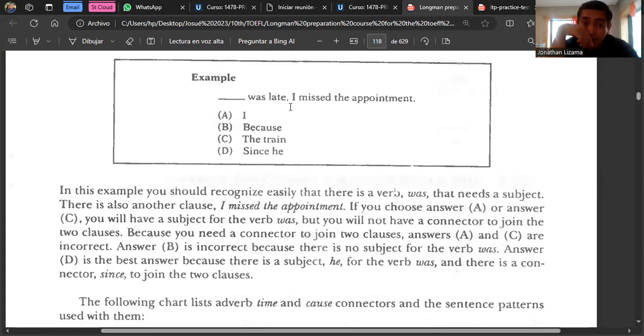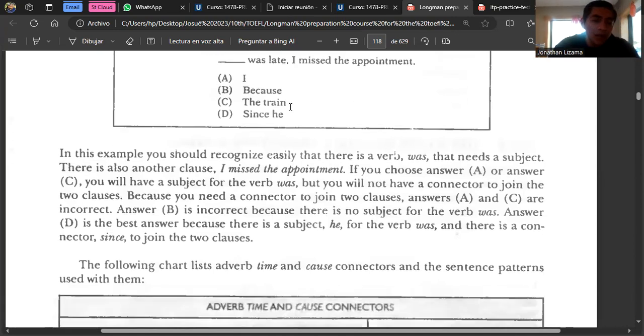So the best answer in this case is letter D. Got it? Because you have the subject, the verb, and the complement.